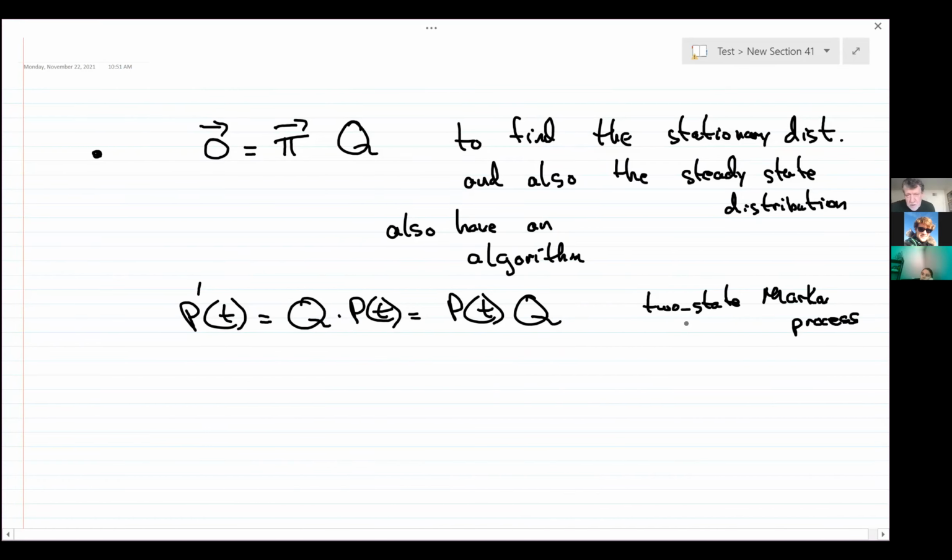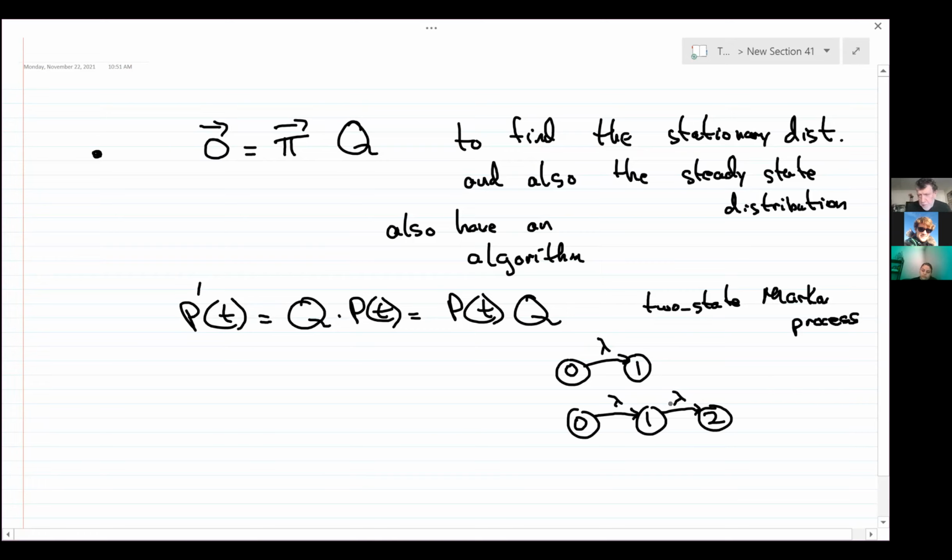And then more recently, we've been doing a few examples. So we did this one. It's fairly simple. And then more recently, I've been talking about this one, where this is lambda.